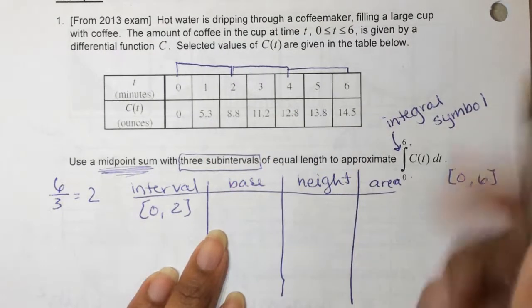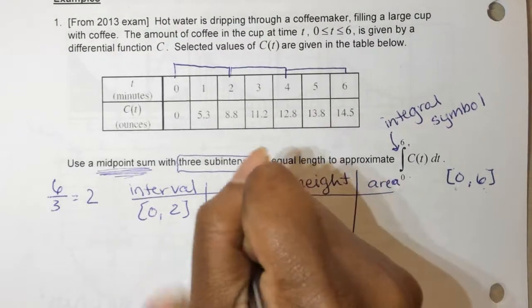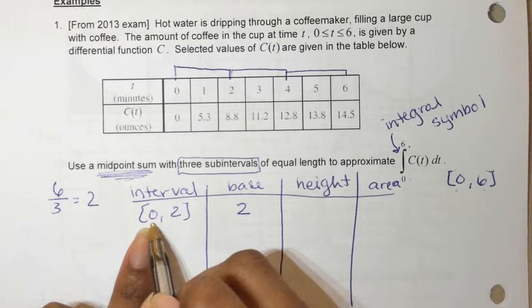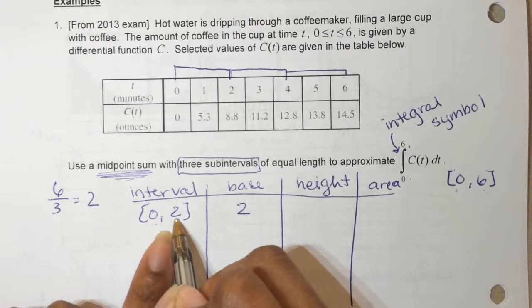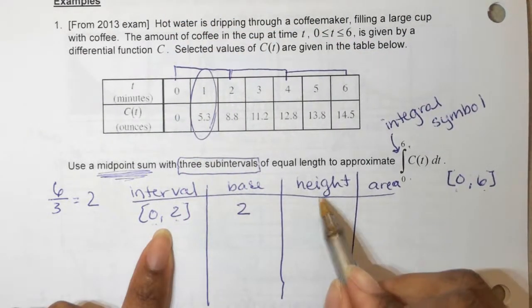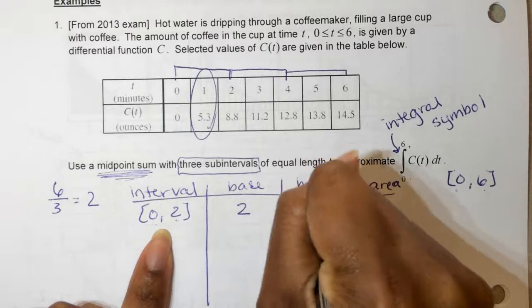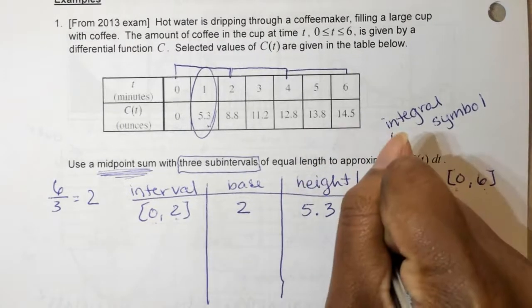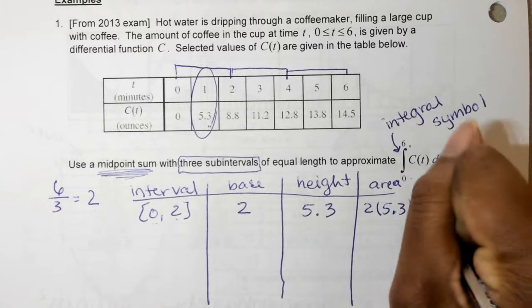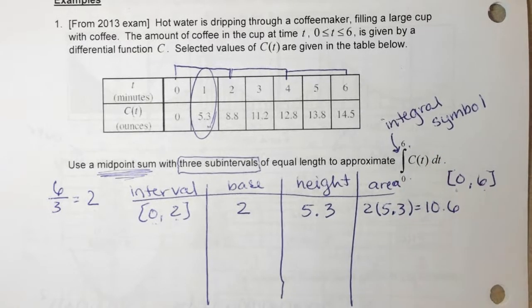Each base is 2 units long, so our base is 2. And our height, the midpoint between 0 and 2, is 1. So we'll look for c of 1, which is 5.3. So our area will be 2 times 5.3, which is 10.6.